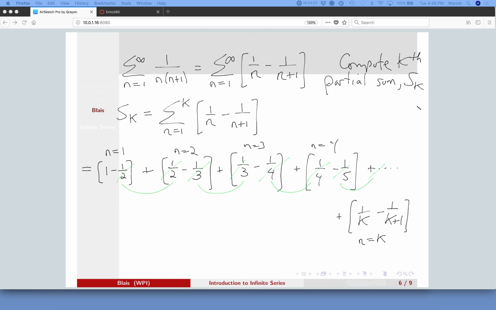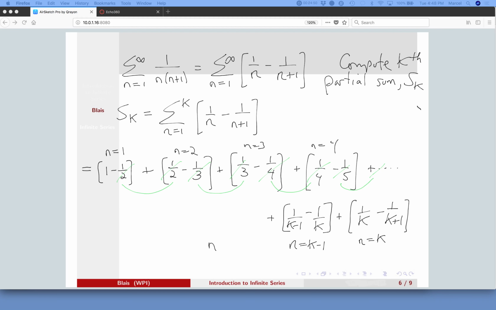So here now we do the k minus 1 term. Come back and replace n with k minus 1. So we get 1 over k minus 1 minus 1 over k minus 1 plus 1, or 1 over k.